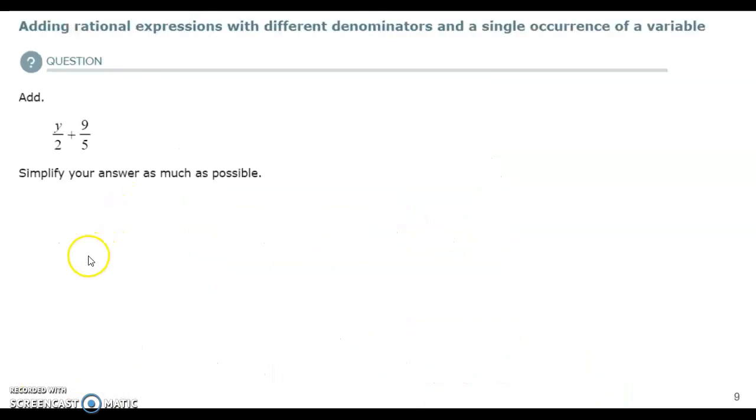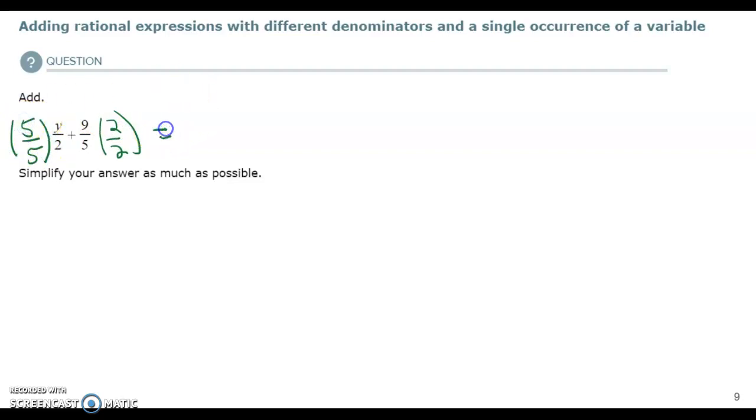Okay, so I want you guys to take a second to yourself. I want you to multiply 2 and 5. What is the least common denominator that they both need? What is the smallest number that 2 and 5 both go into? Go ahead and pause your screen and think about that. Okay, they would both need to be 10. So this needs a 2 over 2. This needs a 5 over 5.